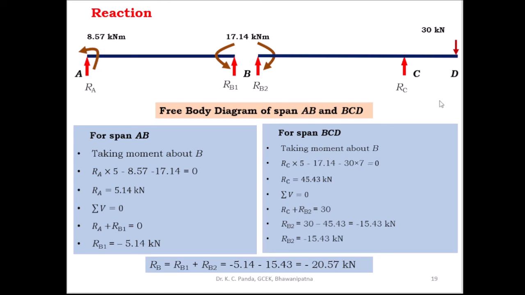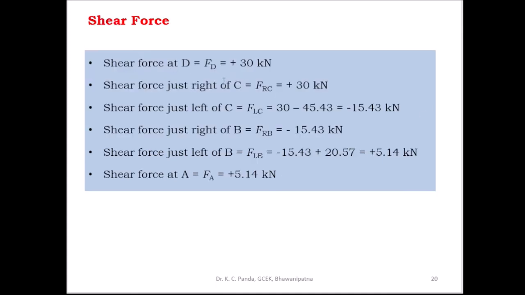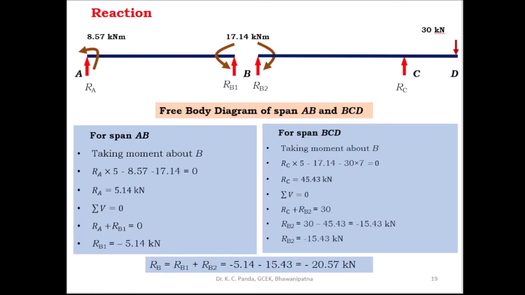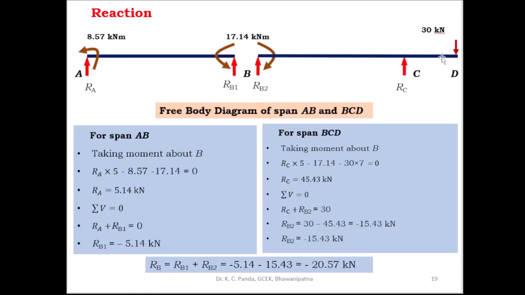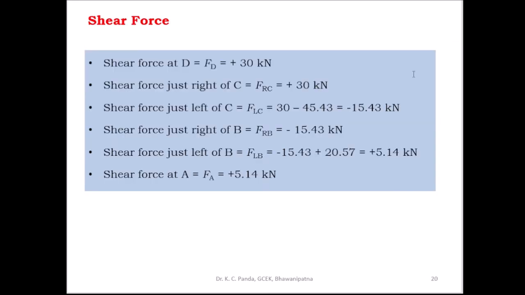you have to find out the shear force at different positions of the continuous beam. Shear force at D is FD equal to plus 30 kilonewton. At D there is a downward force of 30 kilonewton. Then shear force just right of C remains constant at 30 kilonewton.